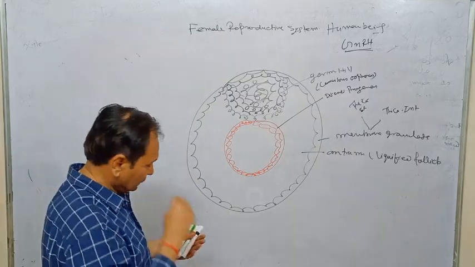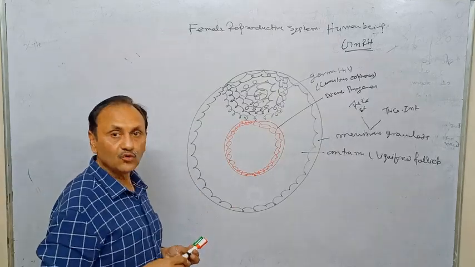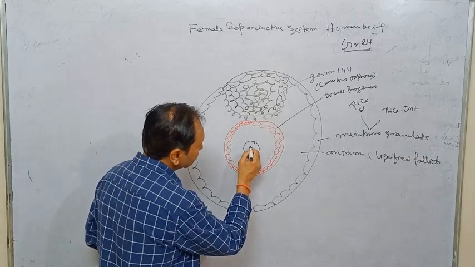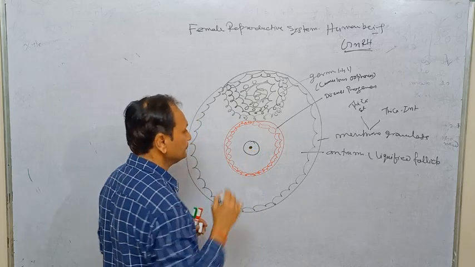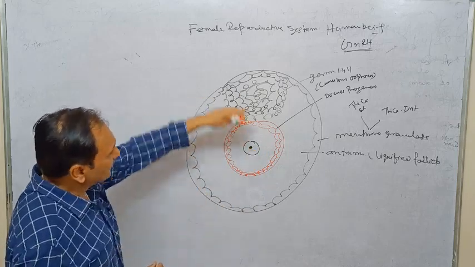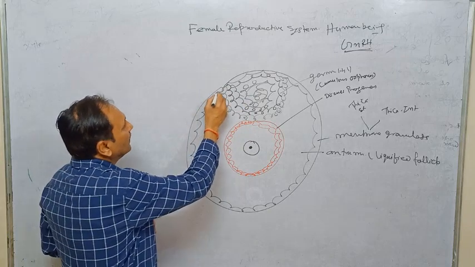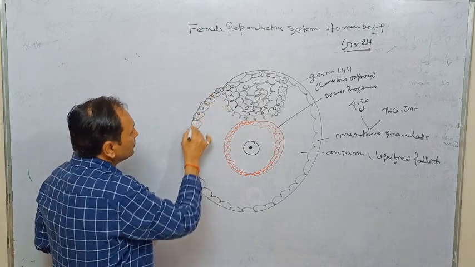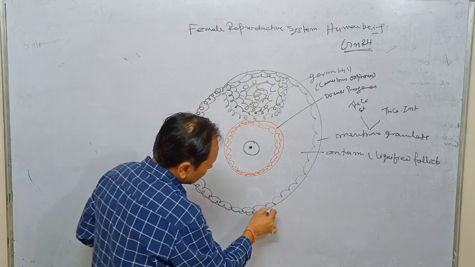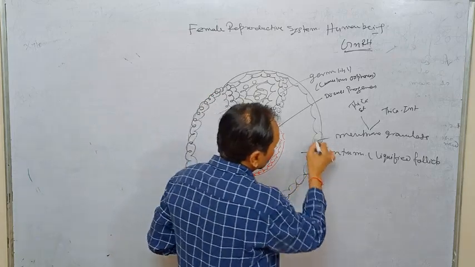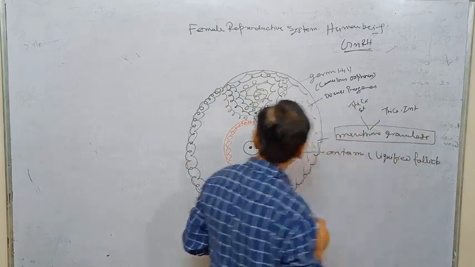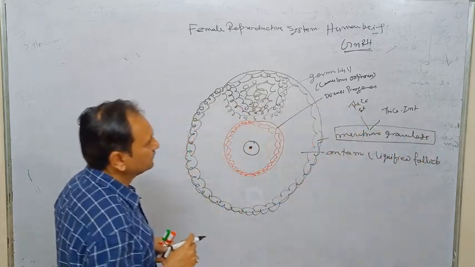Structure of the ova which will be released out from the ovary. It has a prominent nucleus. It is a secondary oocyte, haploid in nature, and it is covered by a very granulated membrane, and this is called membrana granulosa.